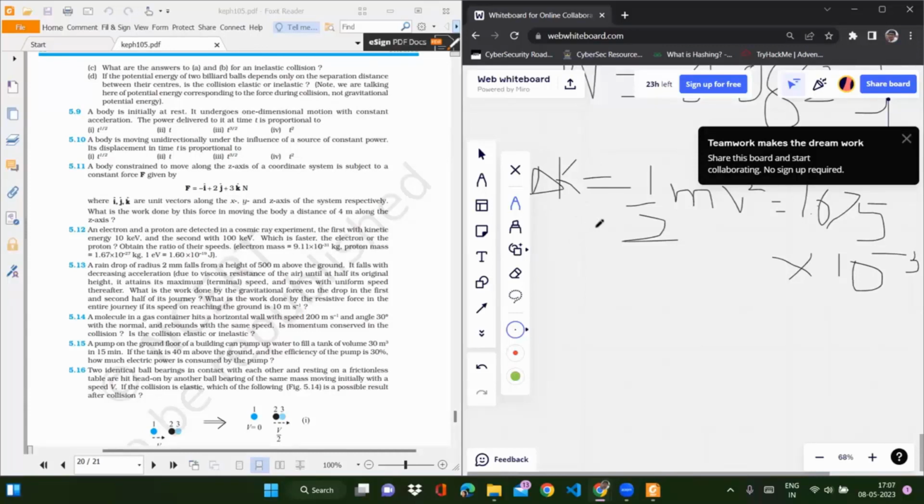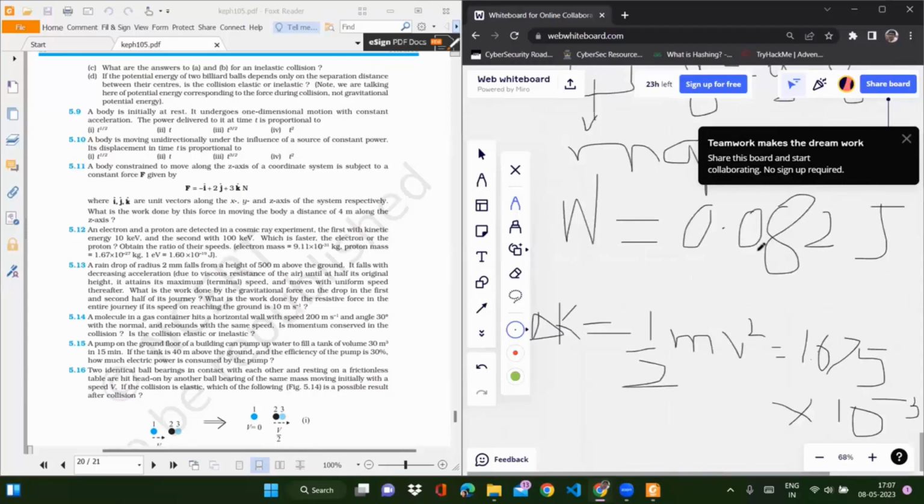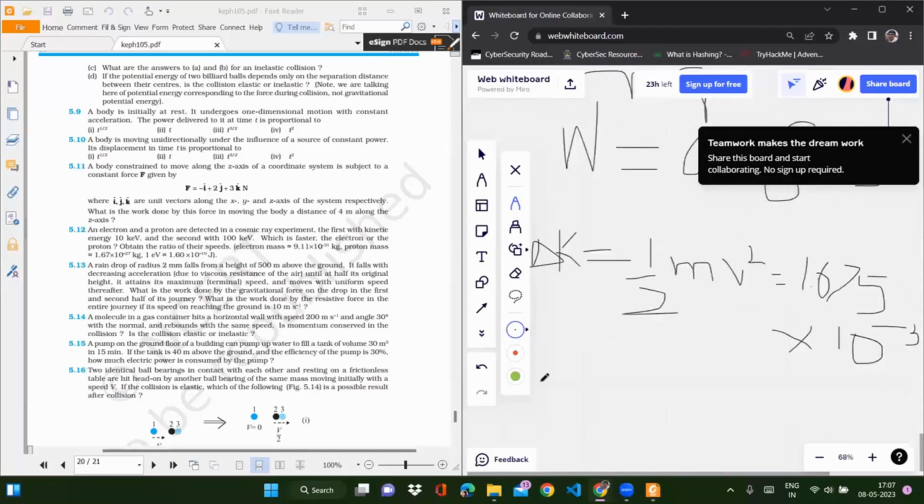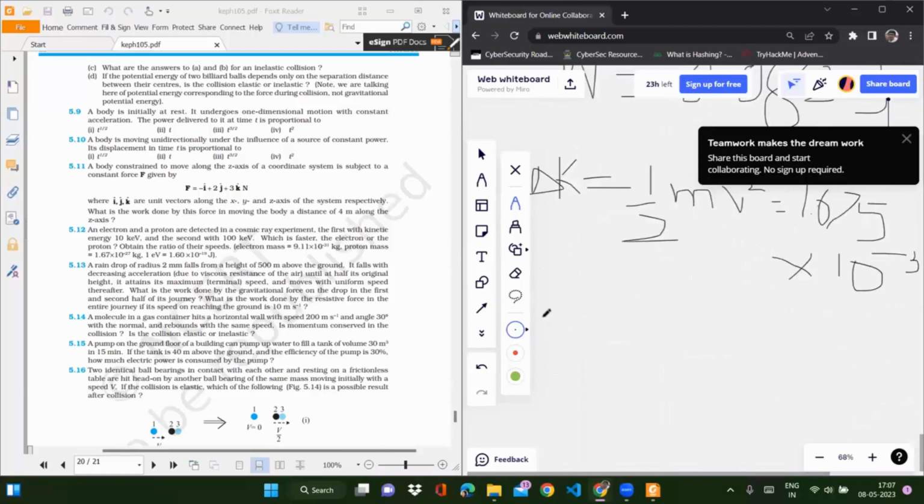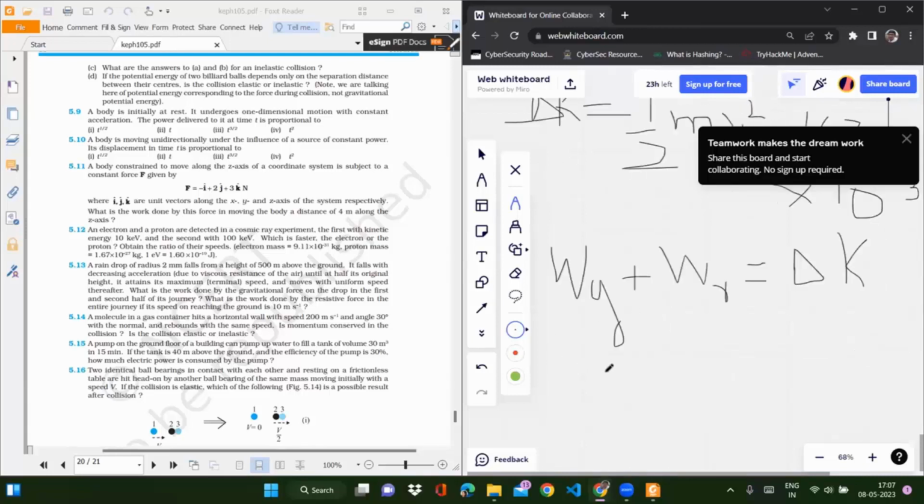As we know, the work done by gravity is 0.082 into 2, meaning if we add the first half of the journey and the second half, the work done by gravity plus the work done by the resistive force equals delta K. The change in kinetic energy equals the net work done by all the forces which are acting. So the work done by gravity is 0.164.